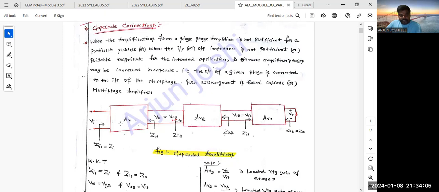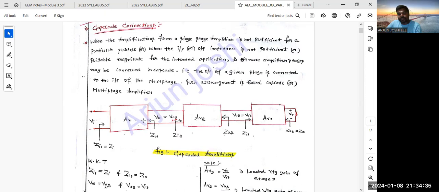Here, this is the first stage, this one is the second stage, this one is the third stage. I'm going to consider three stages here. I'm going to give the notations: VI is the input voltage, and AV1 is voltage gain 1, AV2 is voltage gain 2, AV3 is voltage gain 3. ZI1 is the input impedance of the first stage amplifier, and Zi1 is equal to Zi, both are the same.